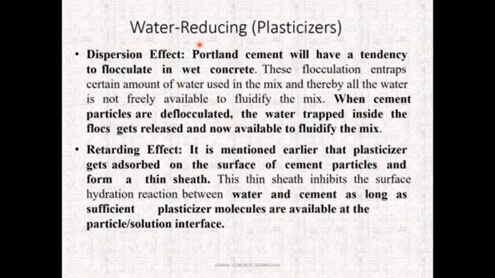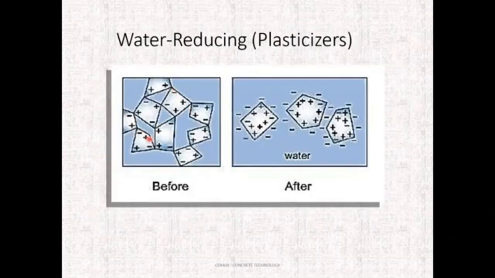The water reduction in the concrete is caused due to two effects, that is dispersion effect and retarder effect. First one is dispersion effect. That is, the Portland cement has a tendency to flocculate in the wet concrete. That is, it will flocculate and form a matrix. Due to formation of this matrix, a certain amount of water is entrapped in it.